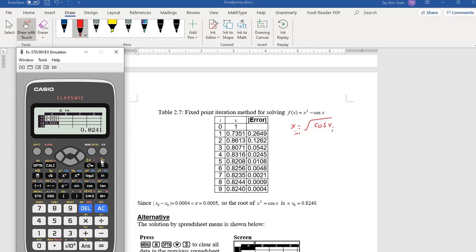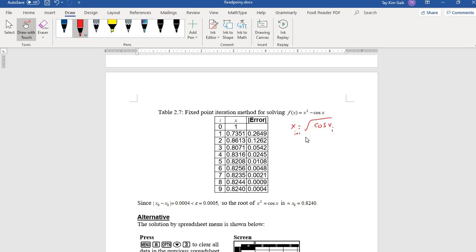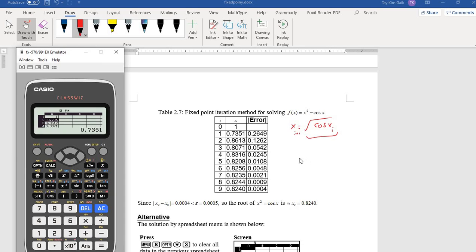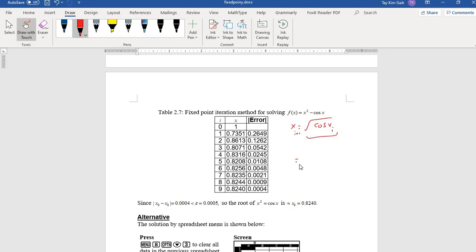Okay, if using the spreadsheet menu, the same thing, I'll just key in the first cell as my initial point, x equal to 1. And then the difference is, I just key in this formula.